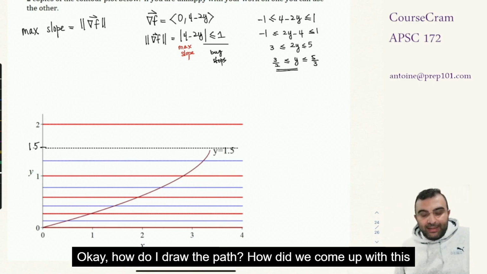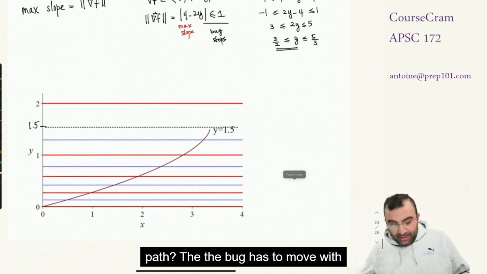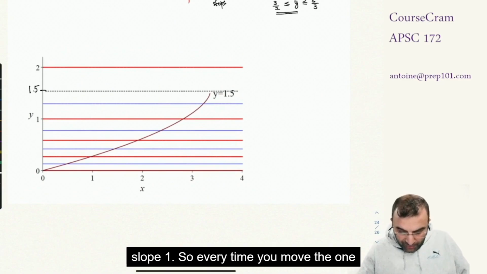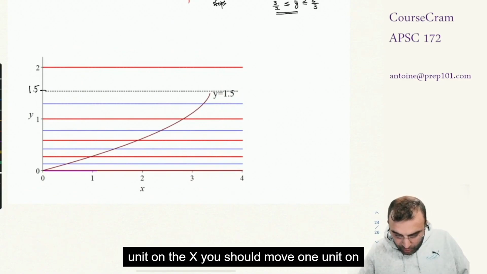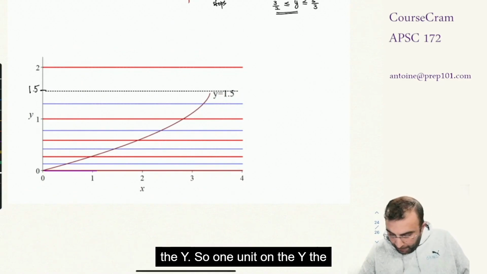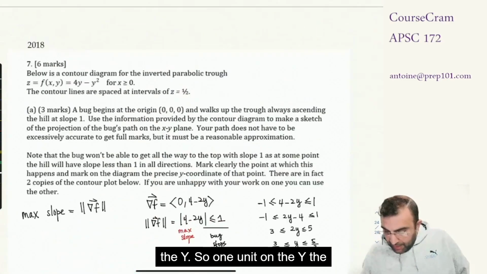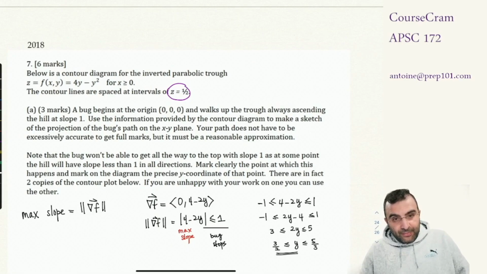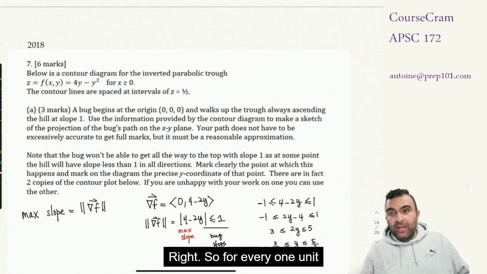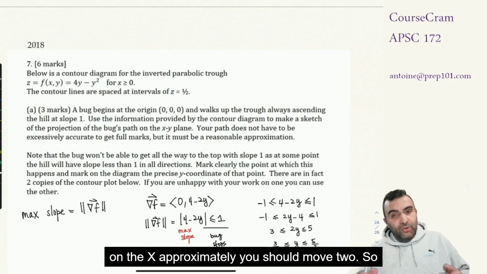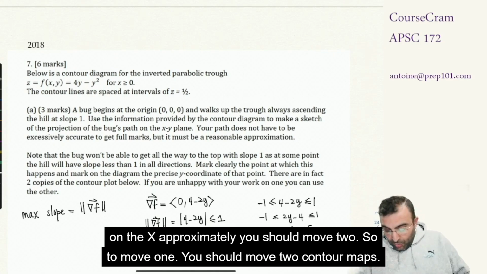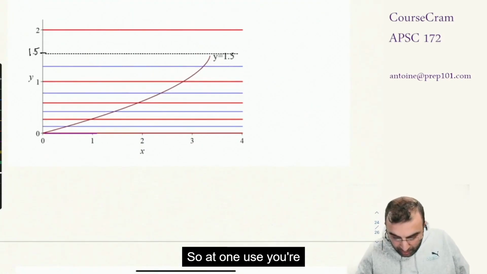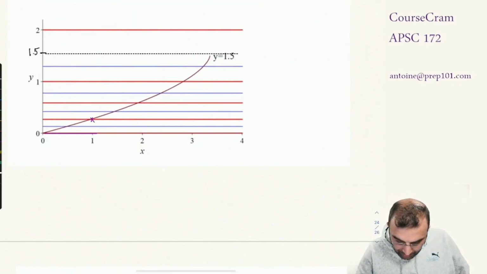Okay, how do I draw the path? How did we come up with this path? The bug has to move with slope 1. So every time you move 1 unit on the x, you should move 1 unit on the y. 1 unit on the y means 2 contour lines. So for every 1 unit on the x, approximately, you should move 2. So at 1, you're supposed to be here.